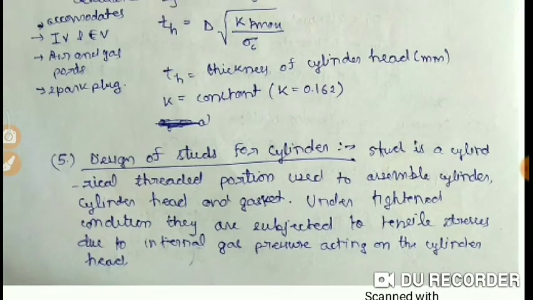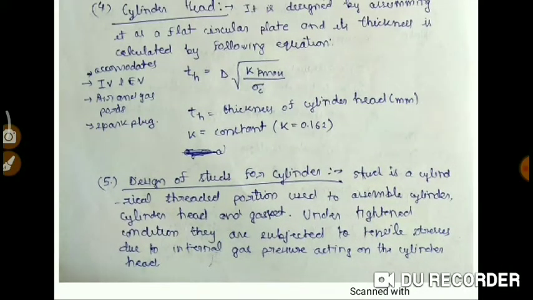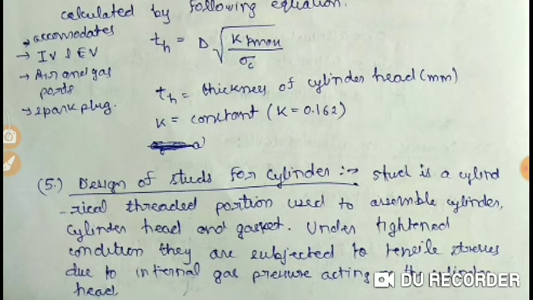Because it is a bolt without head that is used to tighten the cylinder gasket and head, because of that tightening, this stud will have a tensile load acting on it. Because we now know the type of load on the stud, we can easily calculate the formula for the dimension of the stud.